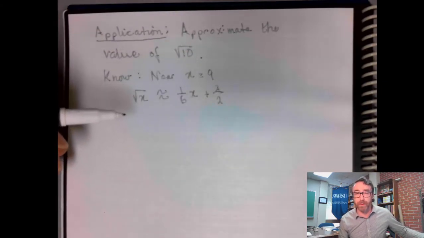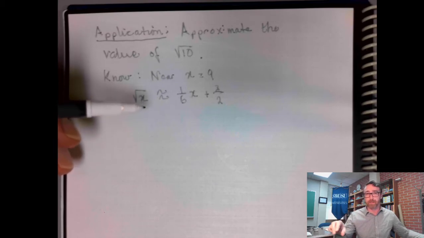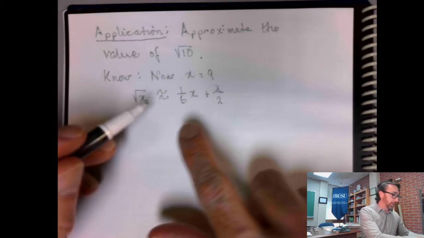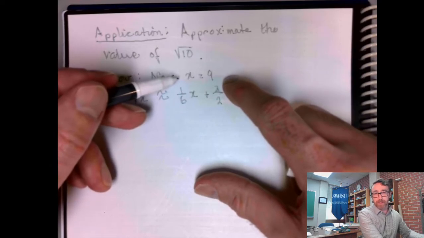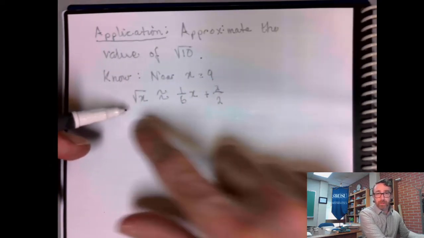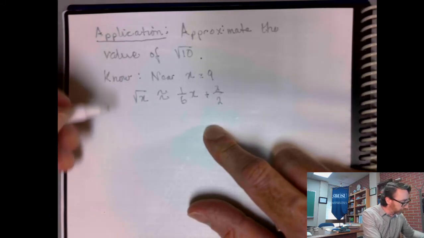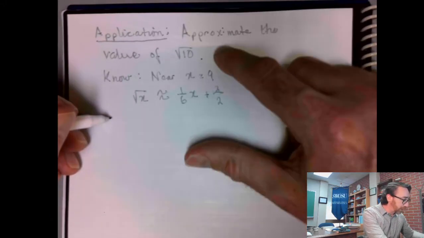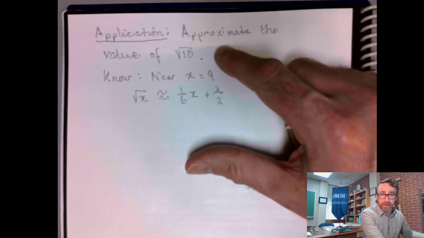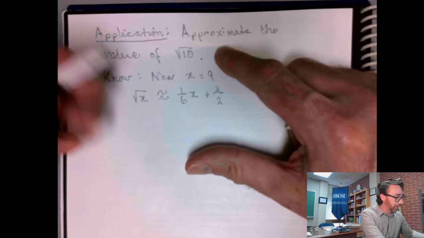Okay, that's the whole idea of a tangent line. It means that near the point where we create the tangent line, our function can be approximated by the tangent line. So 10 is kind of close to x equals 9.